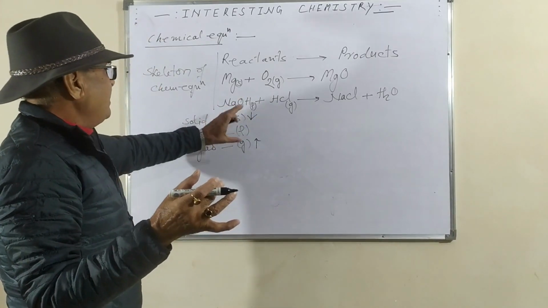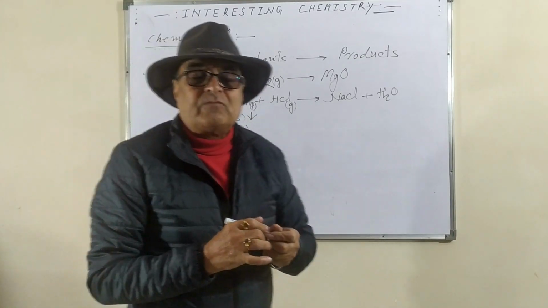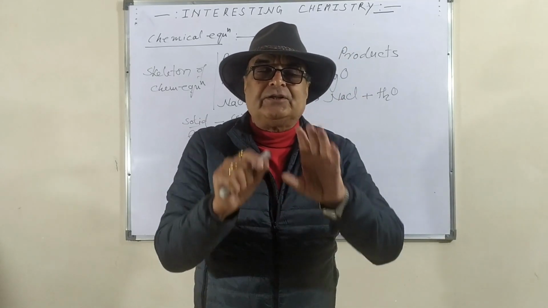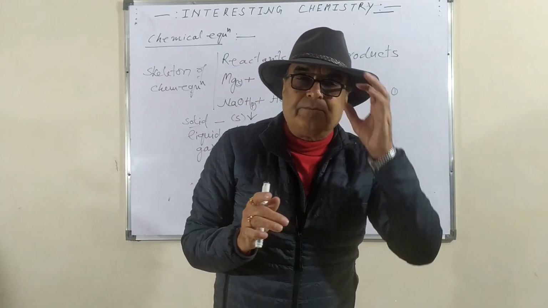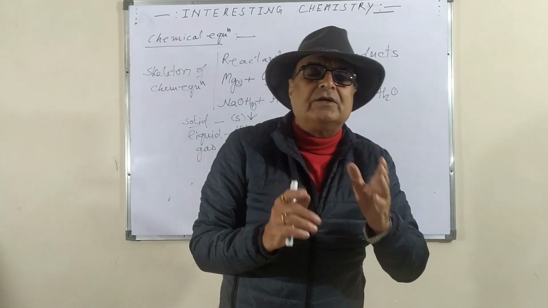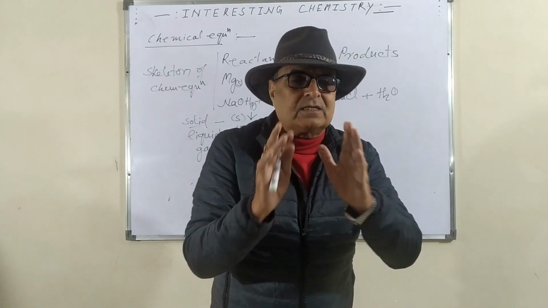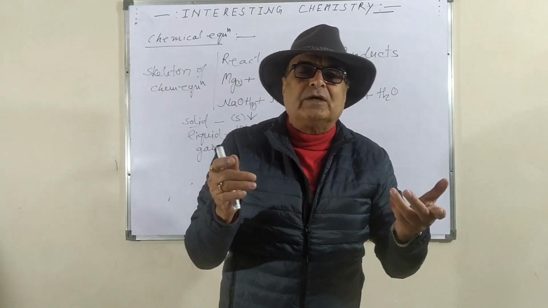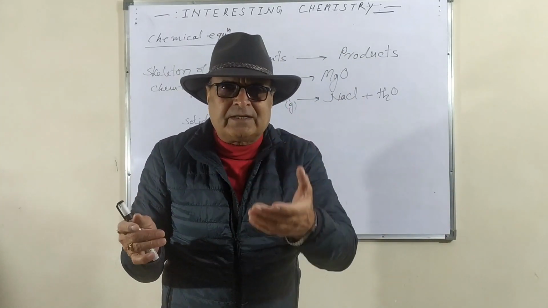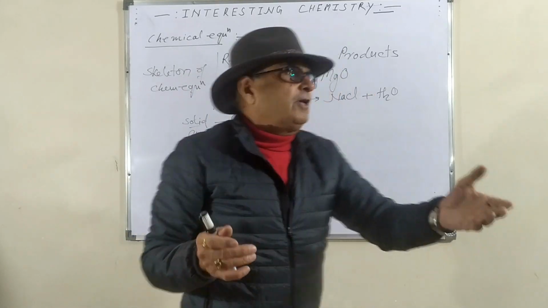So when you find these symbols in a chemical reaction, they tell us about the state of the chemical compounds, the reactants or the products.